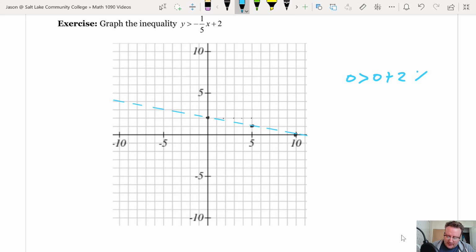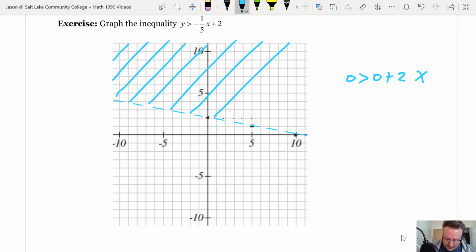No, it's not. So that does not satisfy the inequality. So I want to shade everything above the line, right? So maybe do some cross-hatching like this to indicate that the solution set is the region above the line.